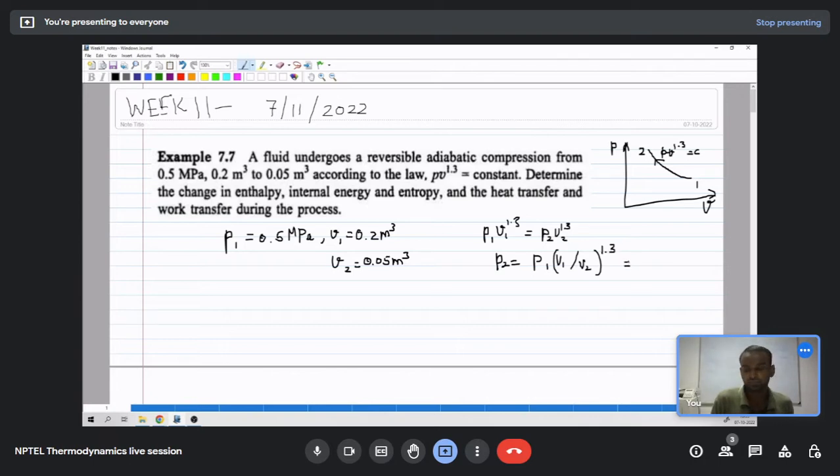So this is 0.5 megapascal into V1 by V2, which is 0.2 by 0.05, the whole power 1.3. So that means P2 can be calculated, and this is 3.03 megapascal.